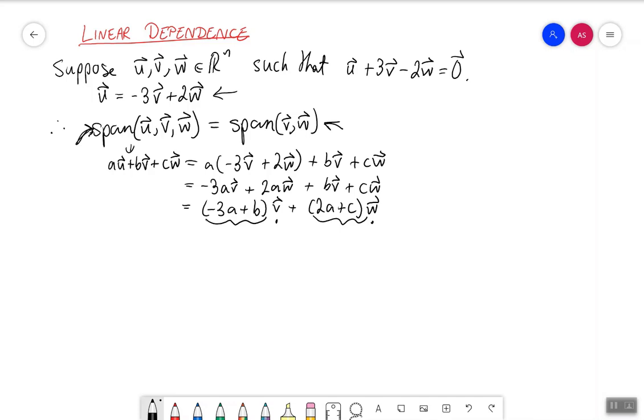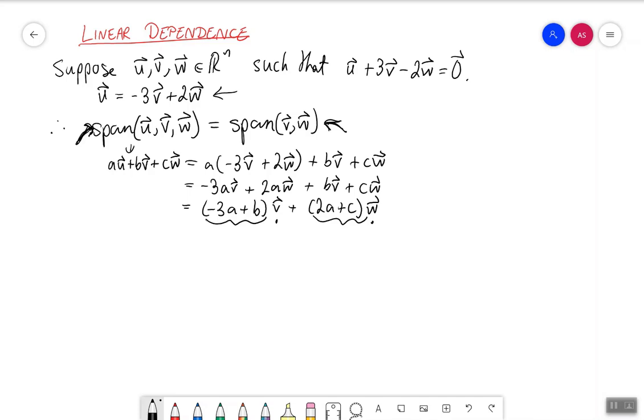Well, actually I just showed that this side is contained in this side. But if I have somebody on the right hand side, then I can write it as 0 times u plus something times v plus something times w. And so the right hand side is also contained in the left hand side. So these two sets must be equal.